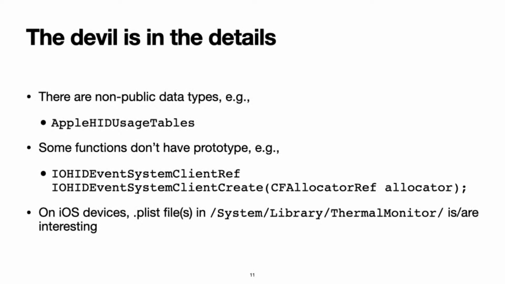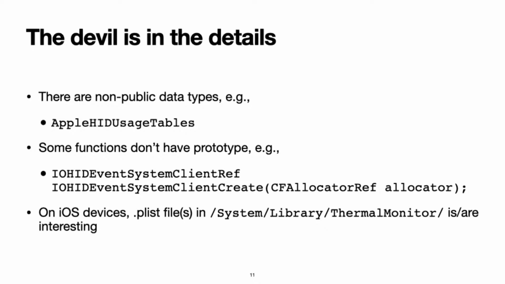There are non-public data types and functions. For example, I found the device usage pairs for thermal sensors from previous versions of IOKit related source code opened by Apple.